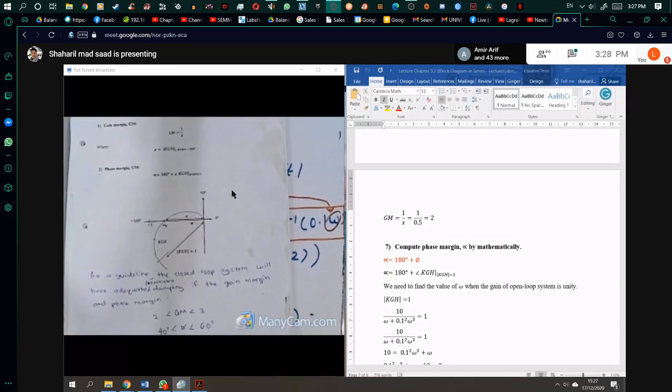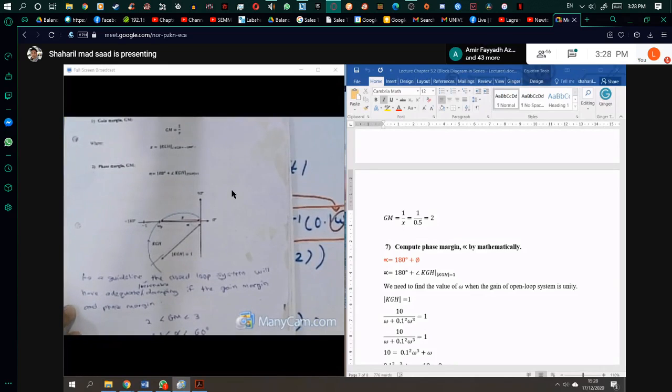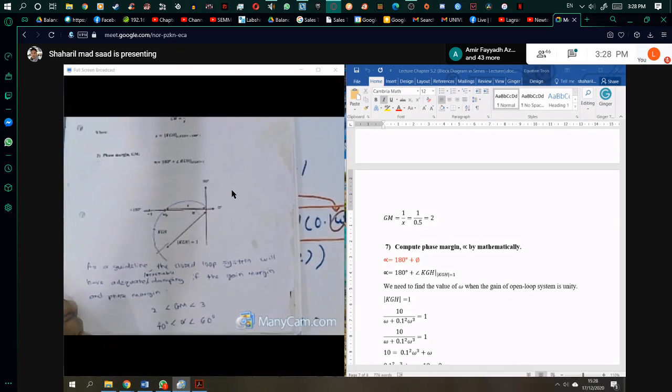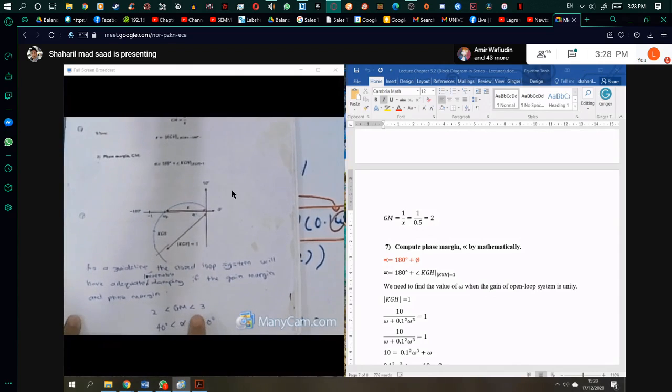As a guideline, the closed loop system has adequate damping if the gain margin is between less than 3 and more than 2, and the phase margin is between 60 degrees and 40 degrees. So that means you have enough damping ratio and enough gain margin.